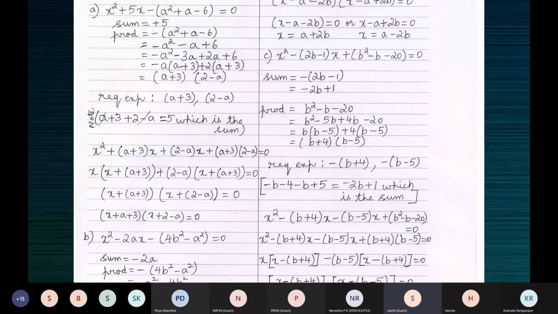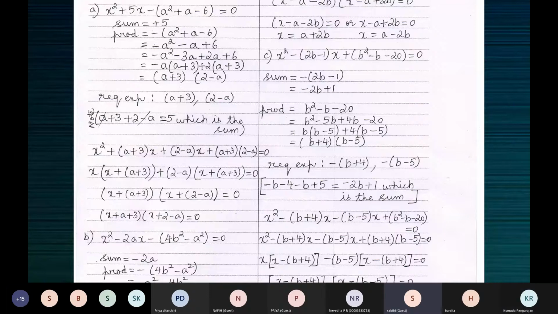Minus 3 or 2, ma'am. We found that a plus 3 and 2 minus a. So we can substitute in the a as minus 3, and so we get a minus 3 the whole square minus 3 minus 6, ma'am.